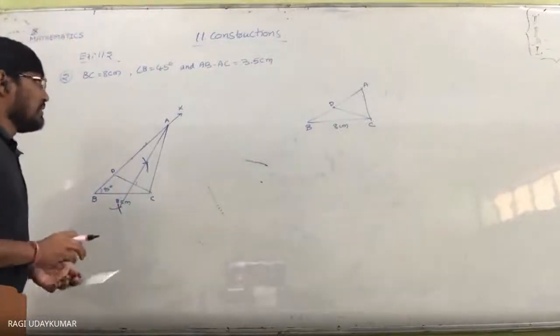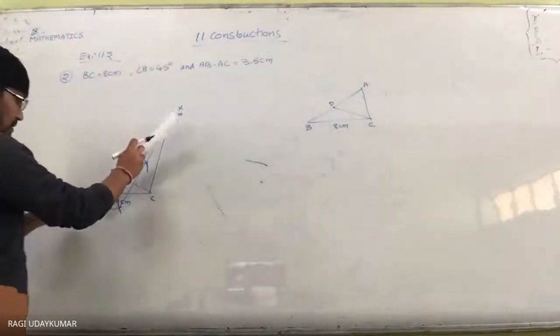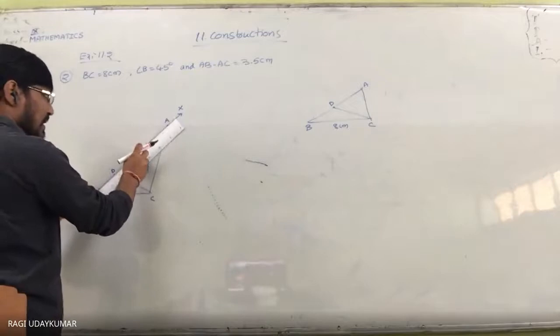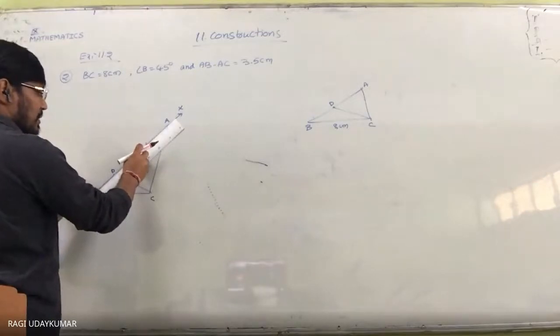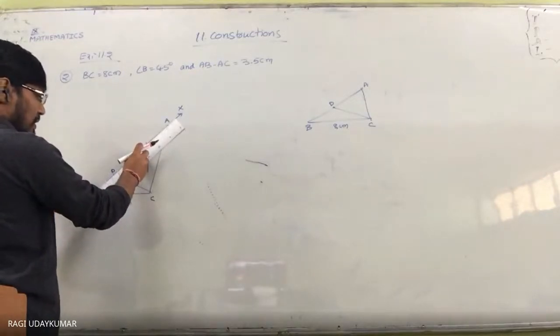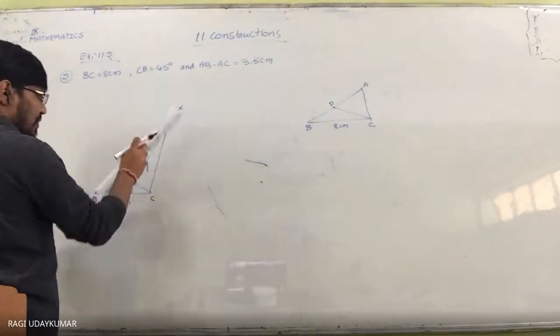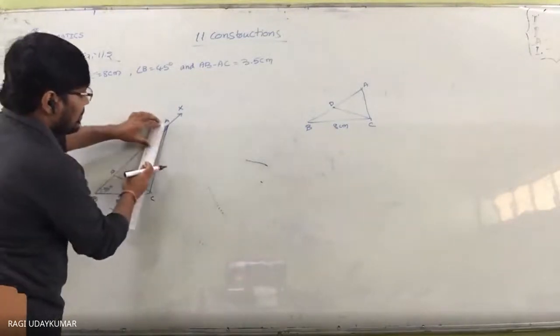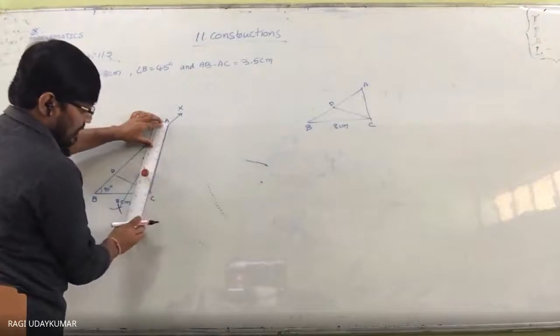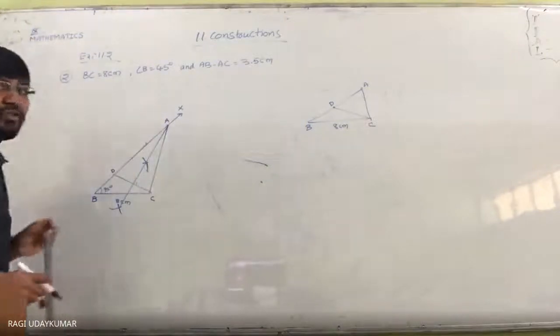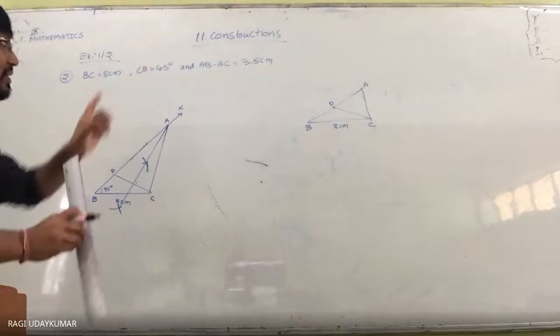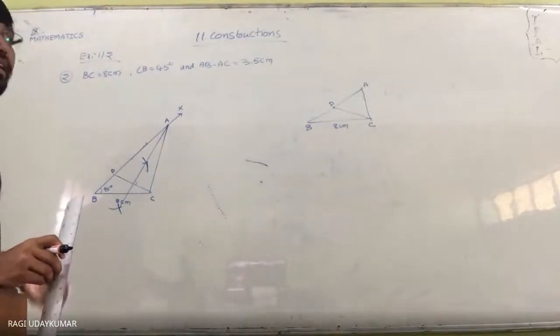If you want, you can check that AB minus AC is given. See, AB length here is 13.5 and AC length is 10 centimeters. So 13.5 minus 10 centimeters is 3.5. So obviously we will get it.